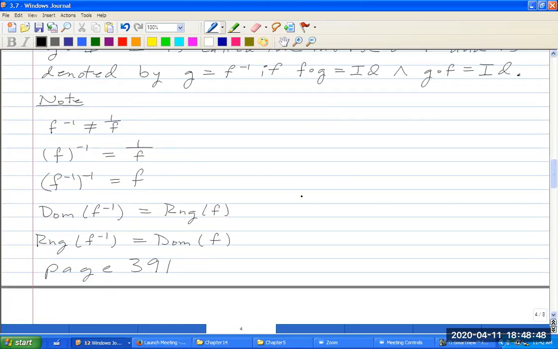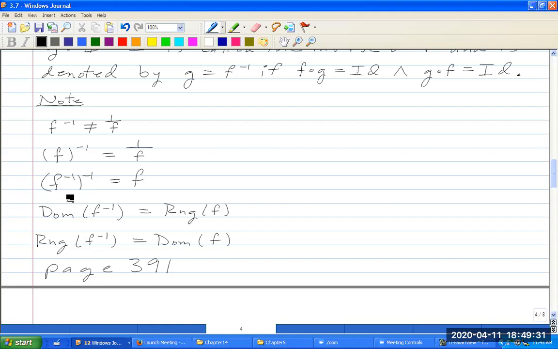So please note the following, and this is very important: f superscript -1 is not the same as 1 over f. So even though this looks like an exponent, it's not an exponent. If I have parentheses around something and a -1, that does mean take the reciprocal. But if I have f to the -1, this means the inverse function of f.